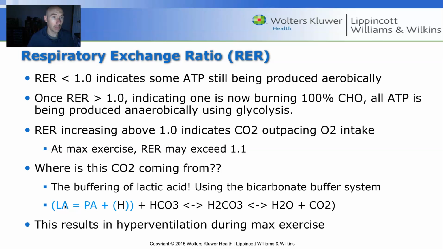So one way that our body tries to minimize the accumulation of lactic acid is by using what we call a buffering system, okay? So we have several buffer systems in our body. The most important one for exercise physiology is known as the bicarbonate buffer system, okay?